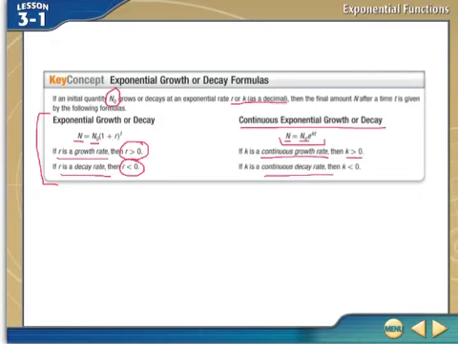Again, if k is greater than 0, the substance is growing. If k is less than 0, your substance would be decreasing. And t is time. So n would be your amount of whatever you're measuring, if it's bacterial growth or population growth. N is going to be your population or your substance left after time t.